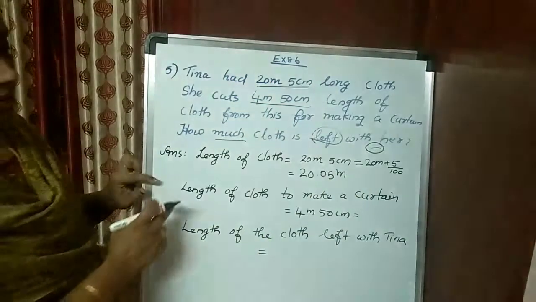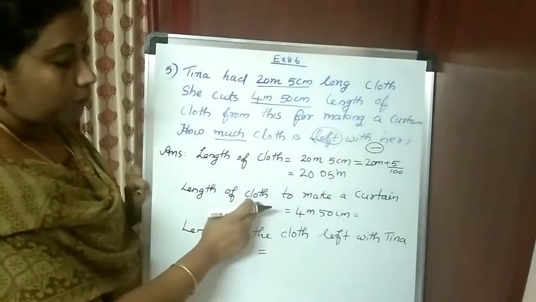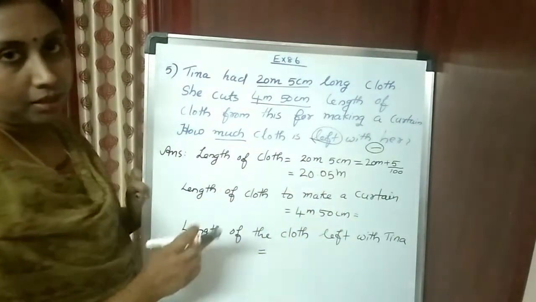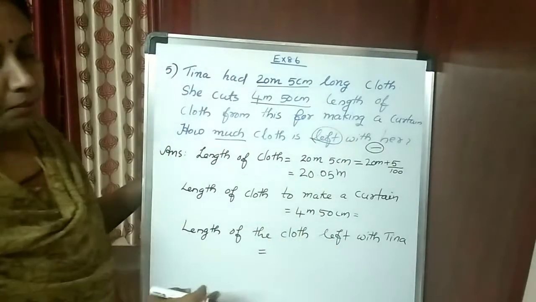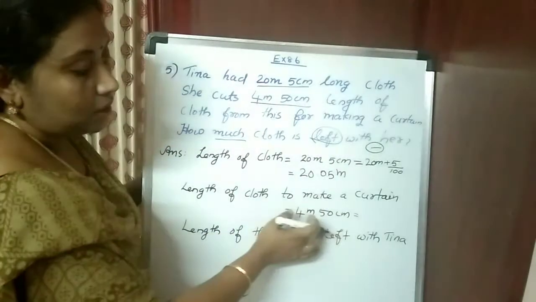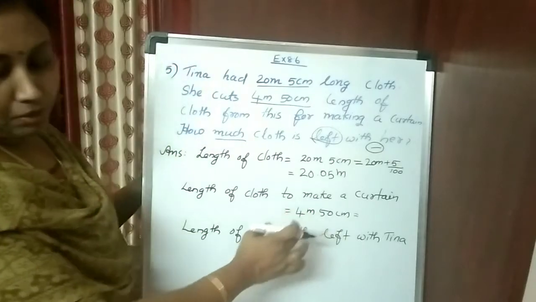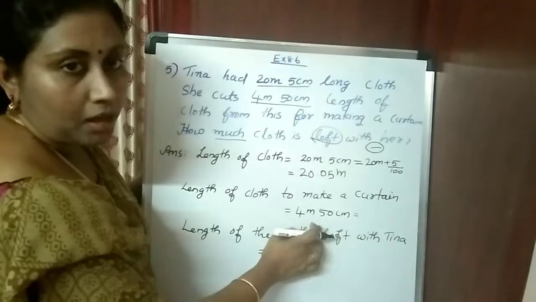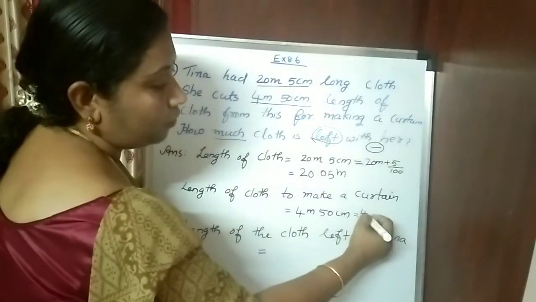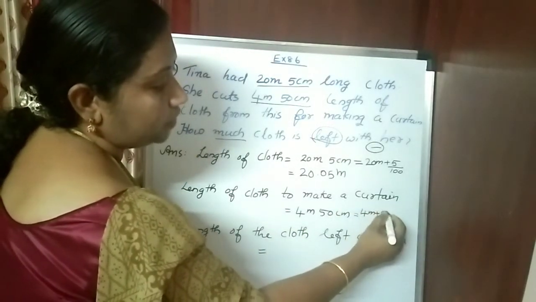Then, which is the next step? Length of cloth to make a curtain. So, that is 4 meter 50 centimeter. Here also you can convert both, in different units, into decimal form. Here 4 meter 50 centimeter, 50 by 100. That means 4 meter plus 50 by 100.